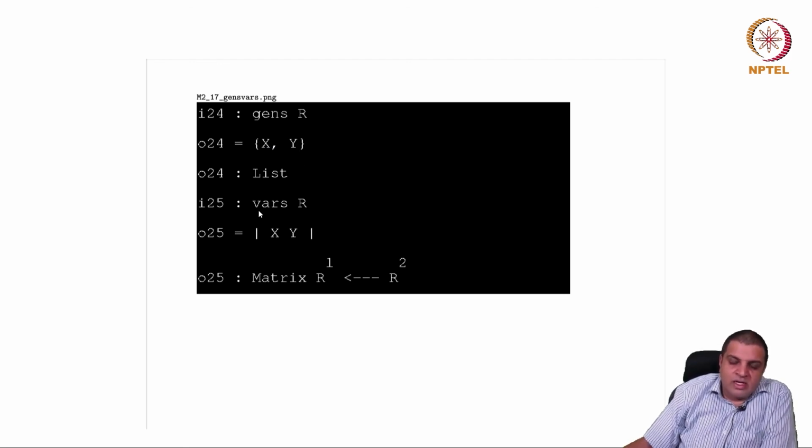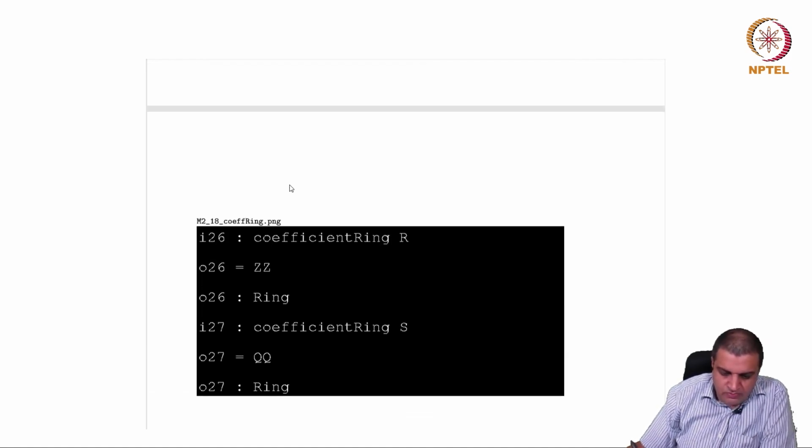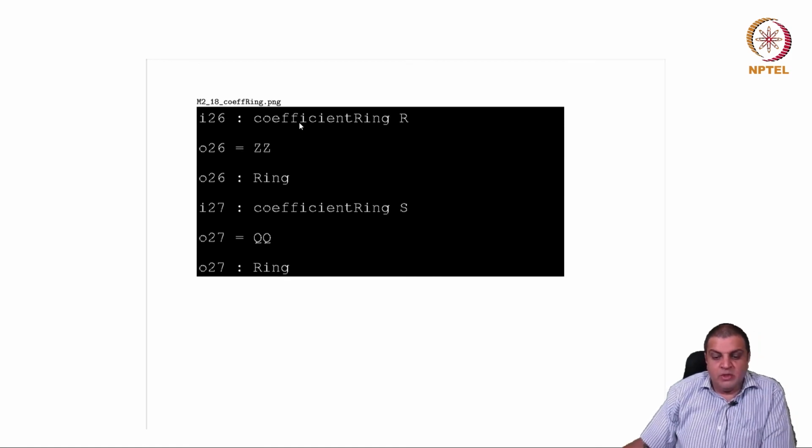One can also get this information using a command called vars R, but now it puts the same output in a different fashion. It writes it as a matrix. These distinctions we will not worry about at this stage, but one should keep in mind that such distinctions do exist.